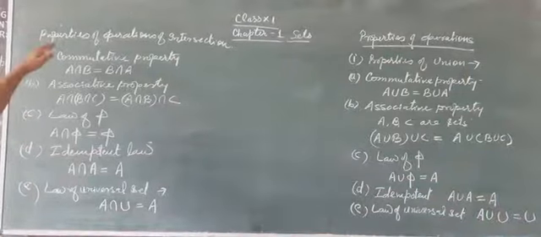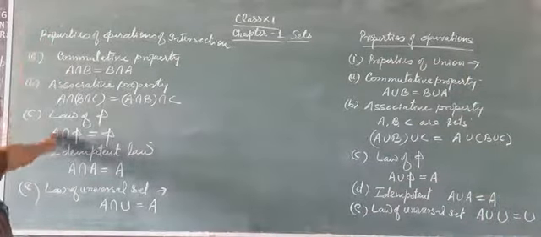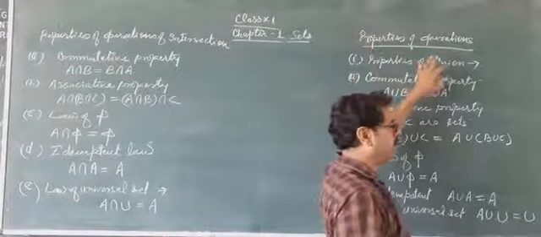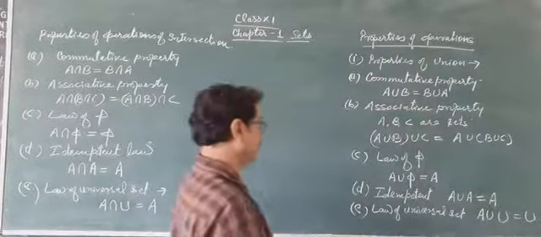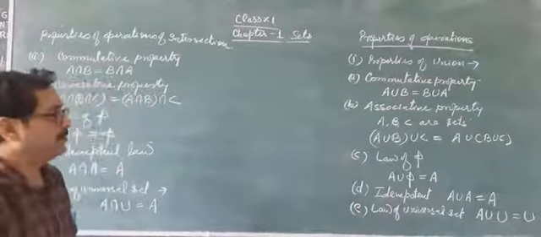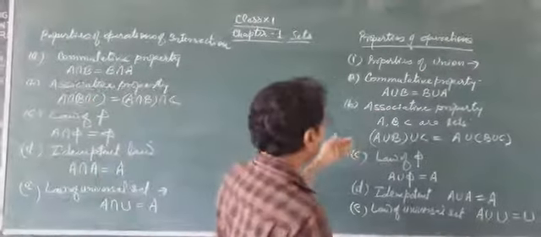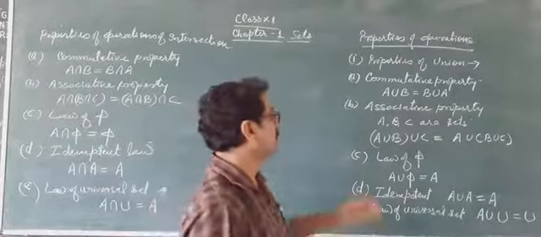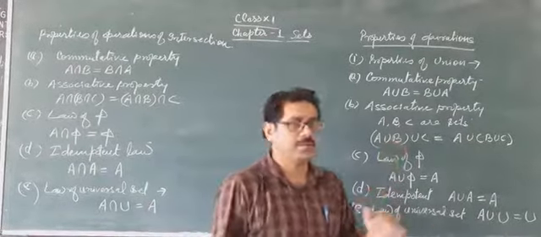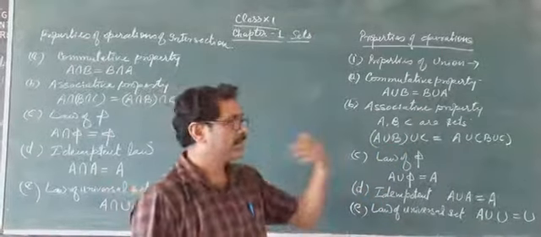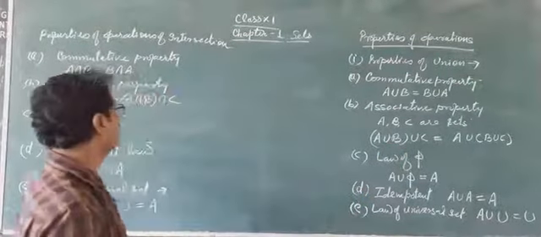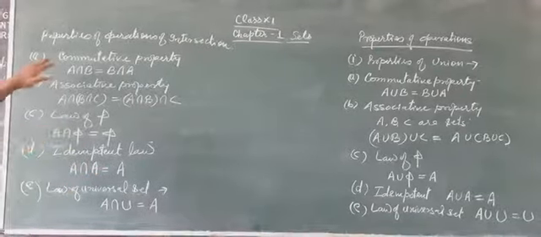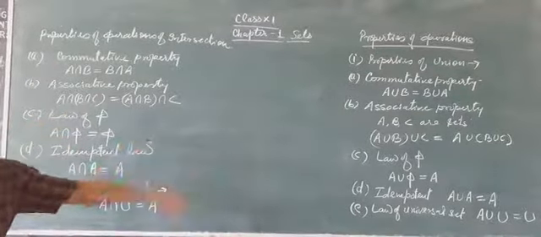So these are the properties of operations on intersection, and these are the properties of operations on union. We can see that union means if we join two or more sets, so union is always a greater set, and intersection means the common part, so intersection is always a smaller set.